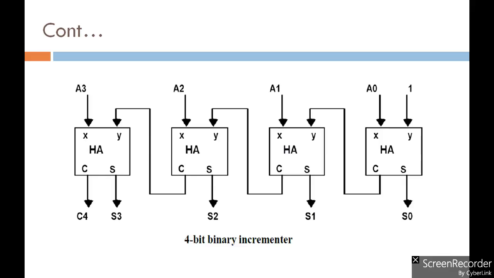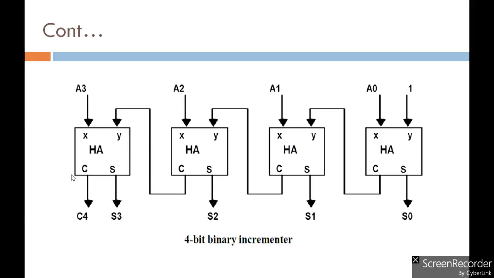So the first stage of the half adder will add A0 to 1 and then generate S0. And if it generates any carry, then that particular carry will be forwarded to the next stage of the half adder, so that carry will be added to the next bit, that is A1, and whatever sum is generated will be sent to S1 and the carry will be forwarded to the next stages.